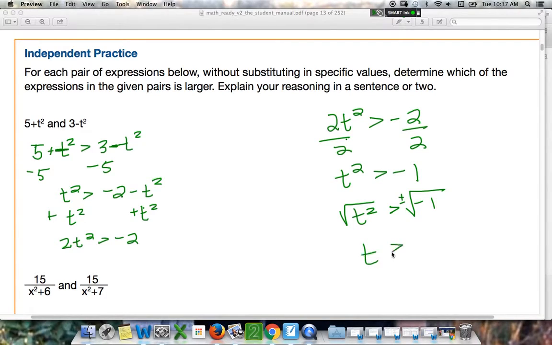So this would just become this. Now this is non-existent. You cannot take the square root of a negative 1. You cannot take the square root of a negative number. So this is false. So that one can't be larger.